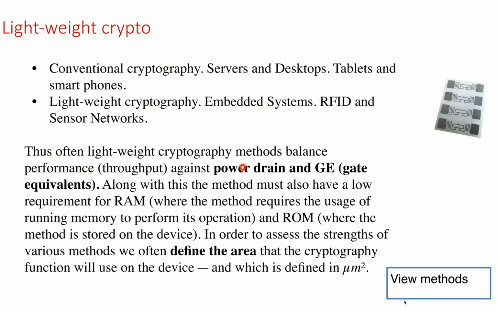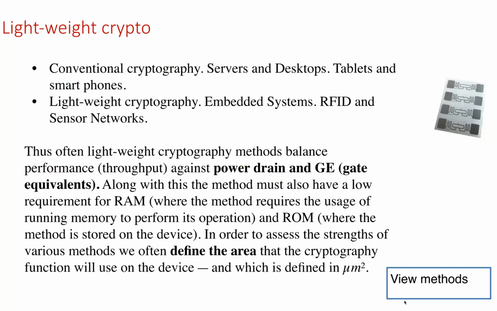So we focus typically on the power drain and getting a balance between the drain and the performance of the crypto method. It doesn't do any good if we're very efficient on the battery, if it takes 10 minutes to do an encryption.